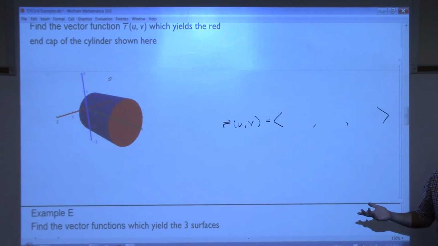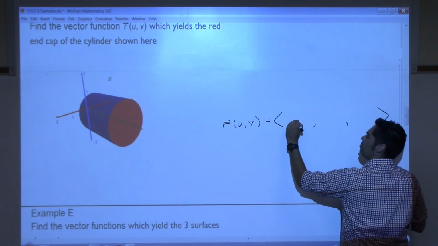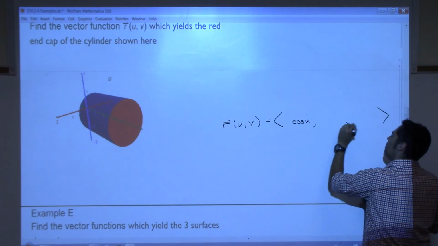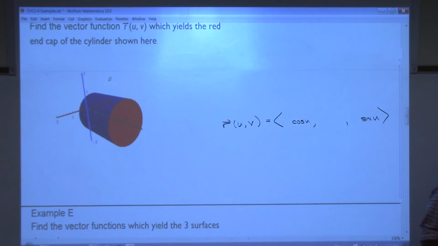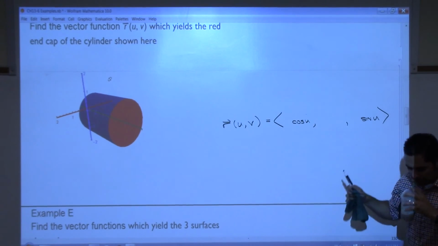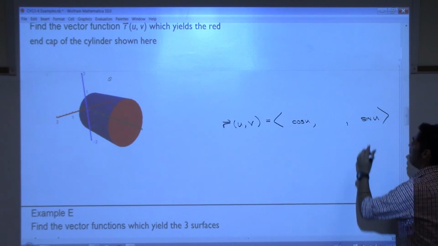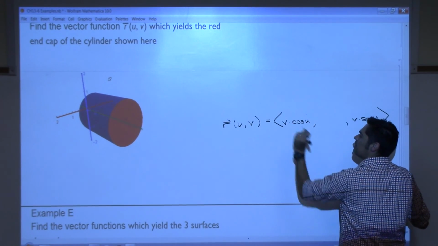That draws circles. But this time we'll have a varying radius. So how about we use cosine u, sine u again. That will draw me circles in the xz plane, but I don't want unit circles, right? Something you can control. So how about we use that other variable v here? V times this. V times this.